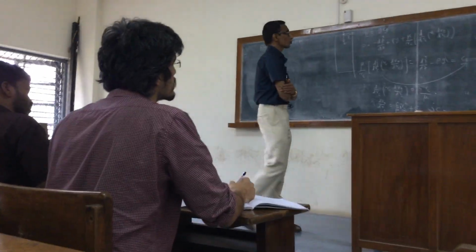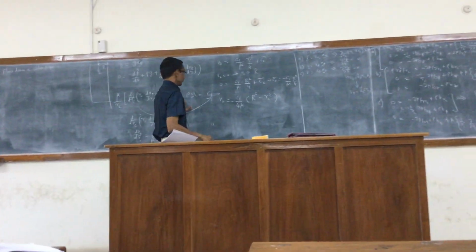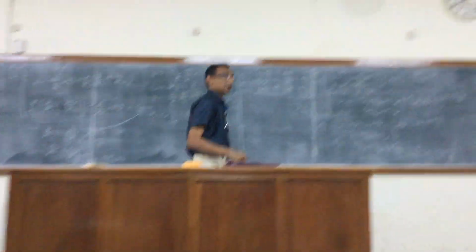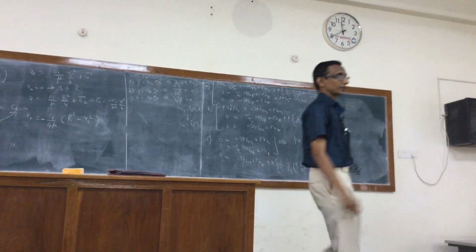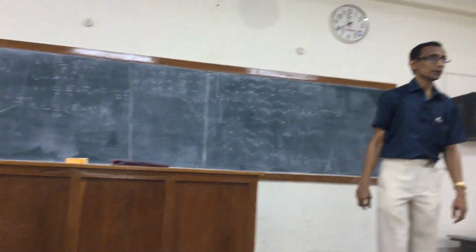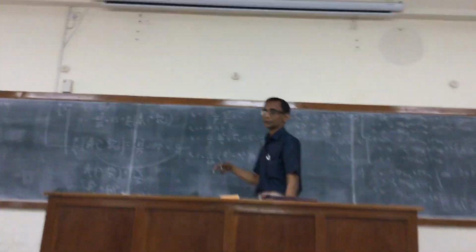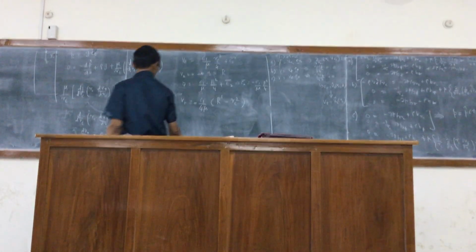So what do we do about C1? The C1 is given by this, so I have to get it from the question. Usually it is expressed in terms of the pressure difference, the pressure-driven flow.